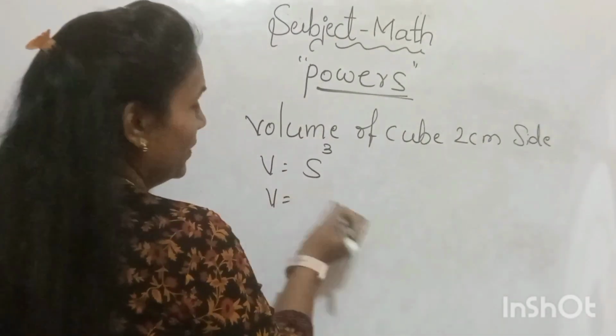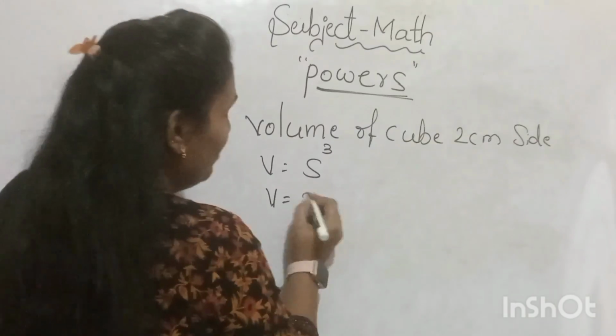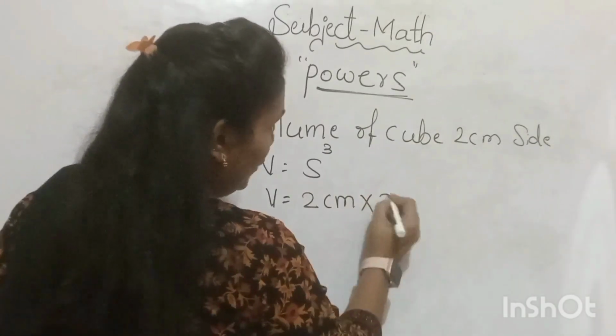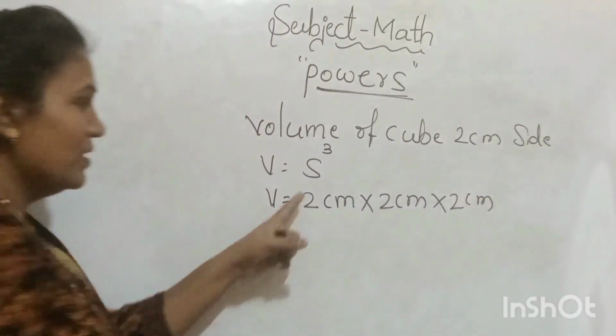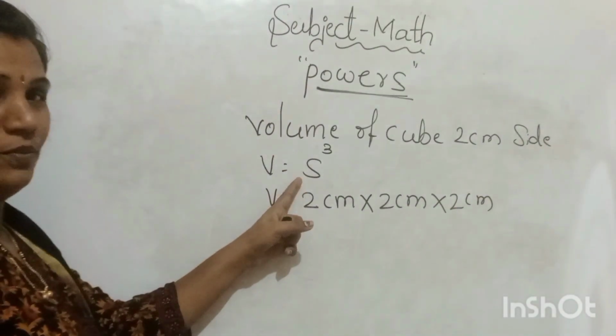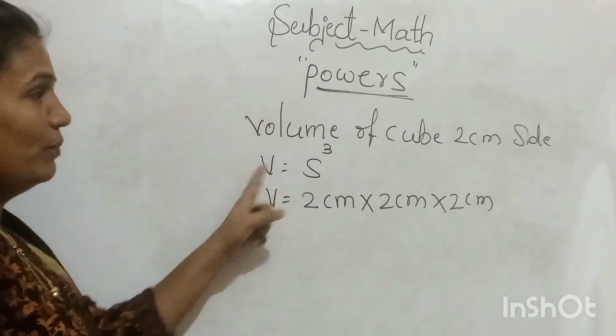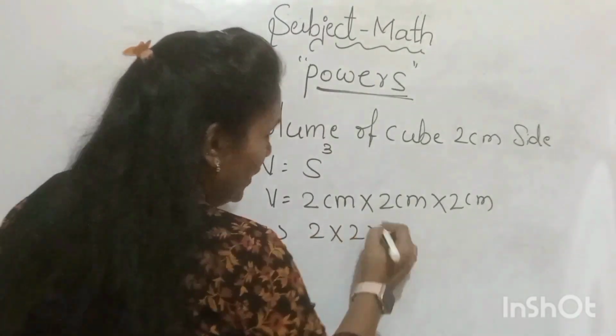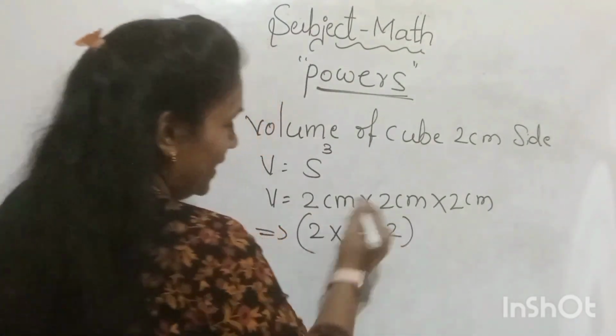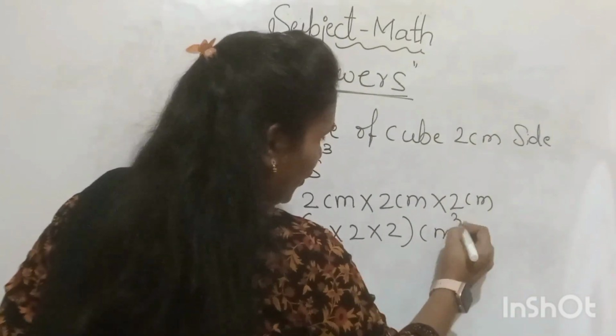Here the side given is 2 centimeter, so volume is 2 centimeter into 2 centimeter into 2 centimeter, because s cube is the formula to find the volume of a cube. Here I will take 2 into 2 into 2 constant terms, centimeter cube.